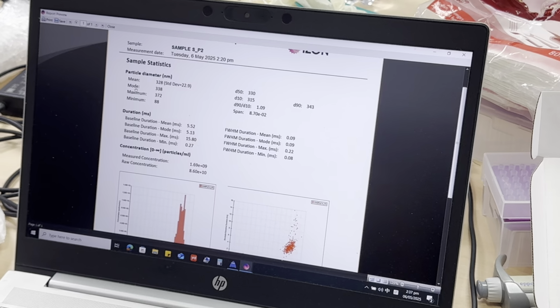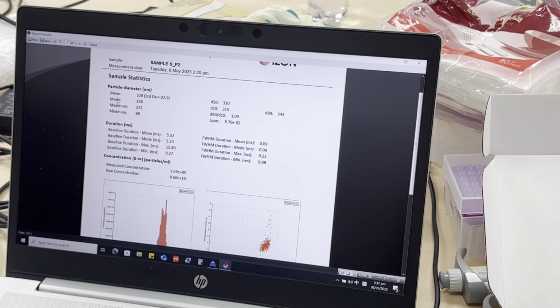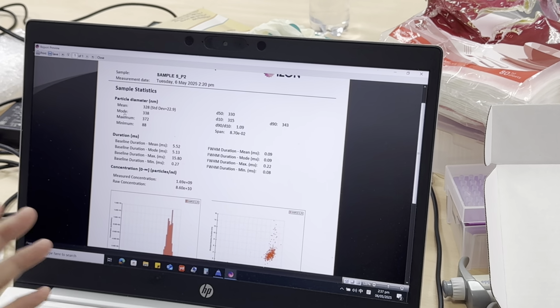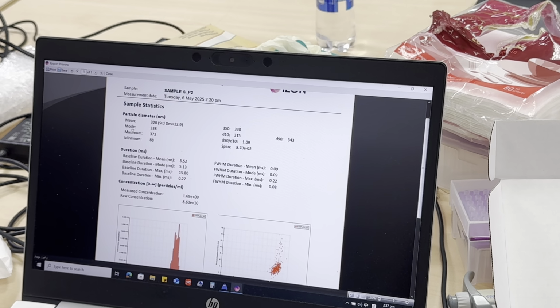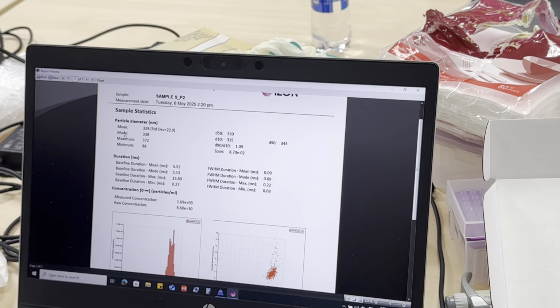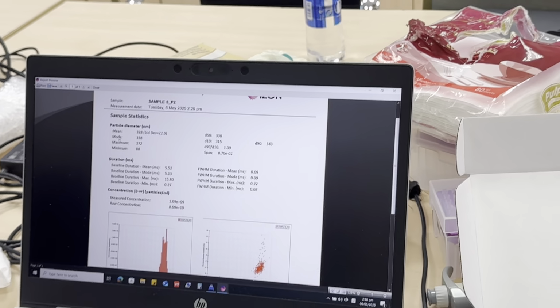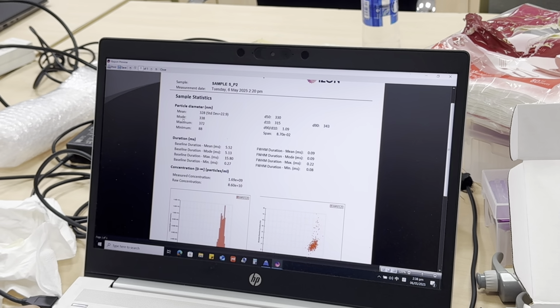For example, a patient needs 10 to the 13th particles per injection. That means you need a very accurate concentration level. And if you use the optical method, where the concentration error is more than 60%, how do you make sure the result is due to the different level of dosage or the measurement error, right?